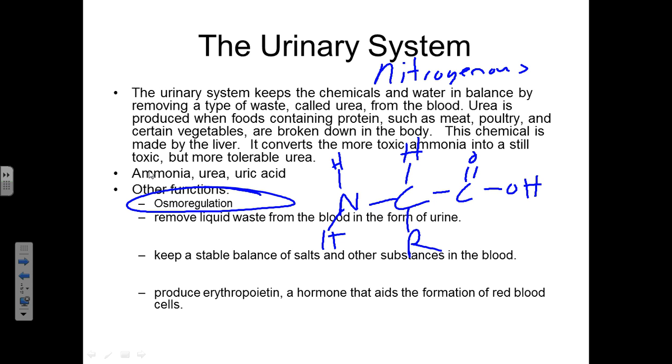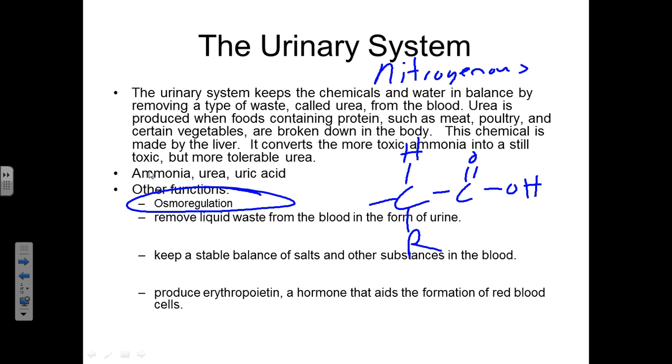It's already broken the proteins down into amino acids. What's it going to do to get rid of this amino acid and get some energy out of it? It's going to rip off what part first? The amino groups, which is this NH2 thing. By the way, what's this group over here called? The COOH group. Carboxyl. It rips off this amino group.